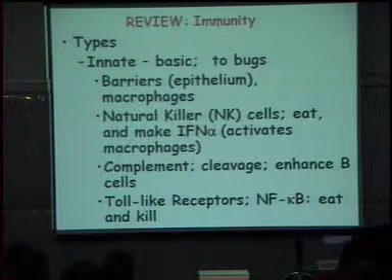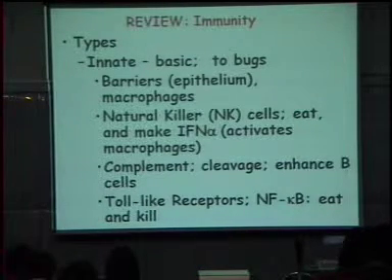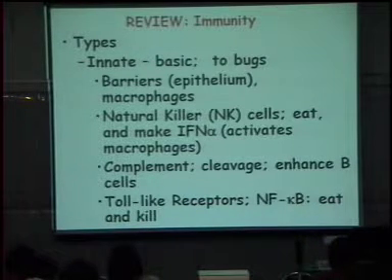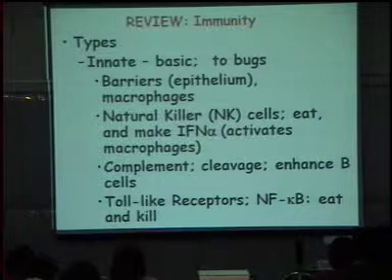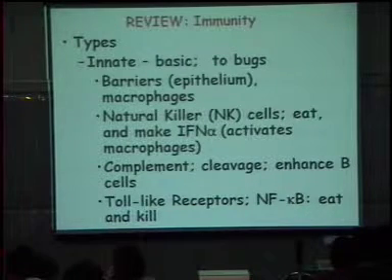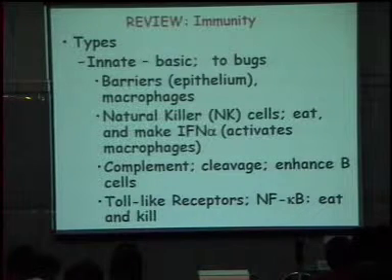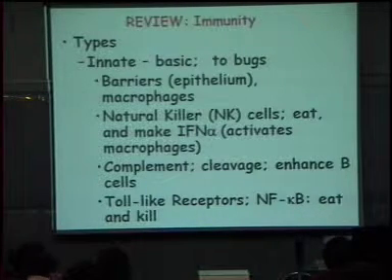All right, immunity, huge amounts. Immunology is huge and it's growing every day, and these things may change over time, so you'll have to keep up with it. But there's two basic kinds, innate and adaptive. Innate, or basic, is when back in evolution you developed the ability to fight off bugs.